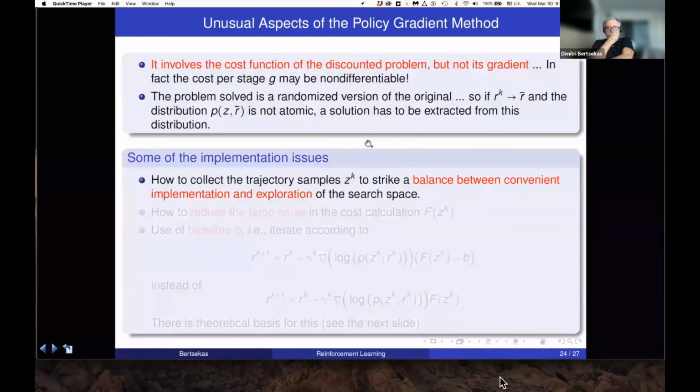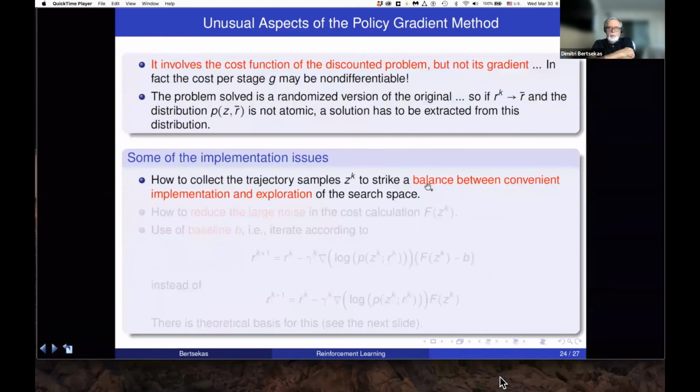And then there are some of the usual implementation issues that have to do with approximations of various kinds in dynamic programming. How do you collect the trajectory samples to make sure that you're exploring the search space appropriately, that you span the space of trajectories sufficiently well?